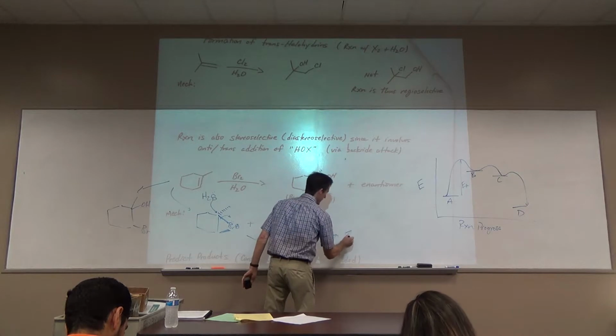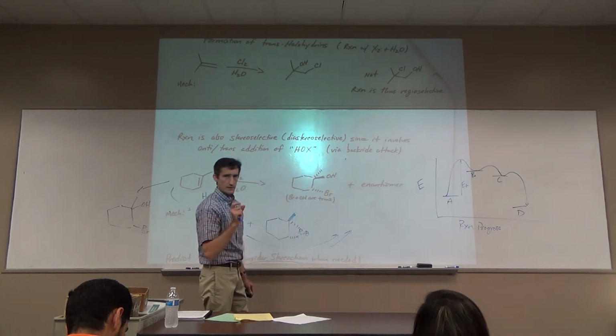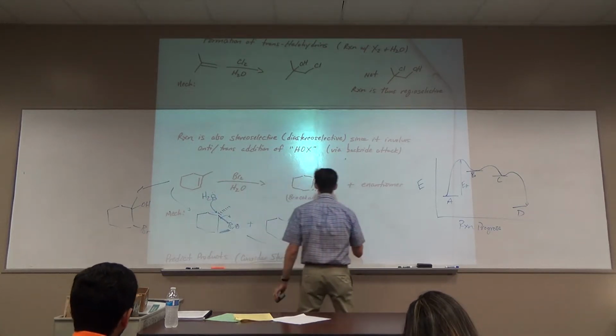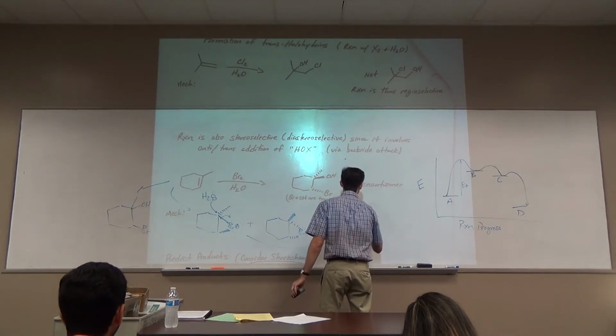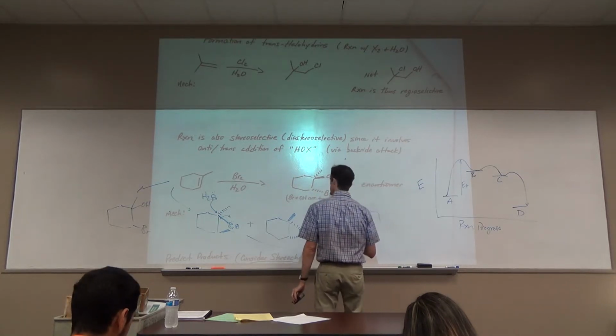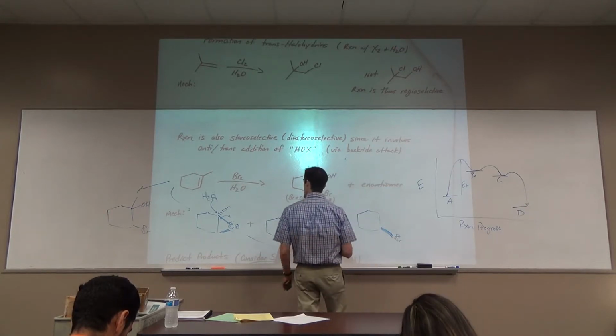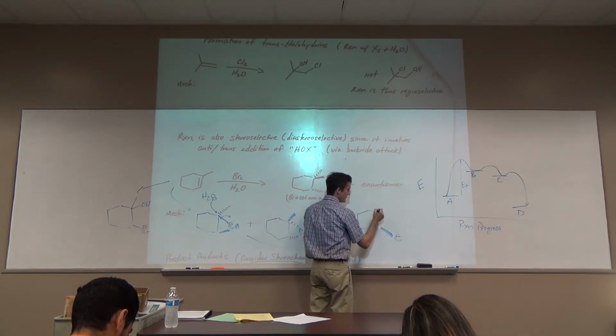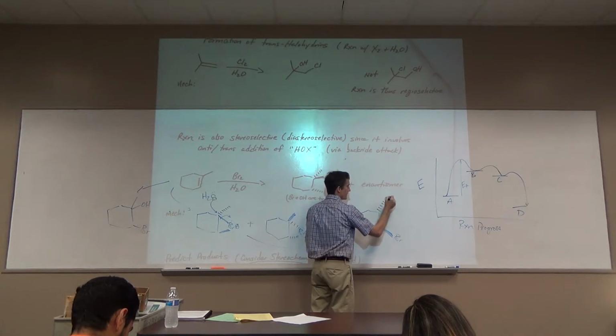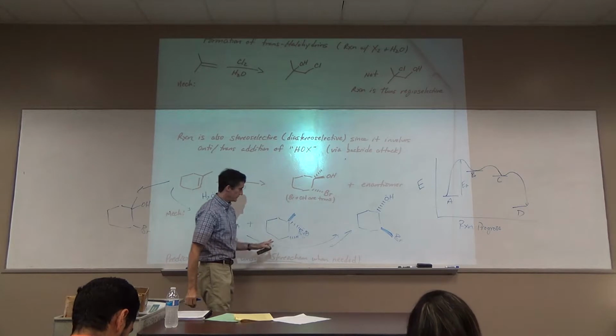Okay? 2 arrows because I'm going to skip one intermediate. I'm just going to go ahead and deprotonate it. This just opens up. It's still forward. The water came in back. Okay? I went ahead and deprotonated it.